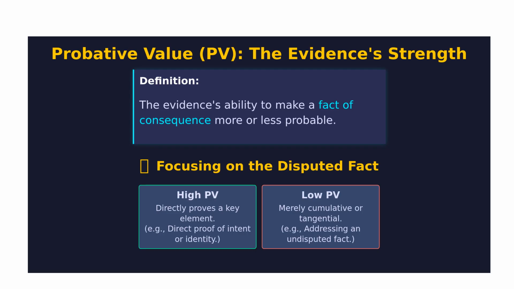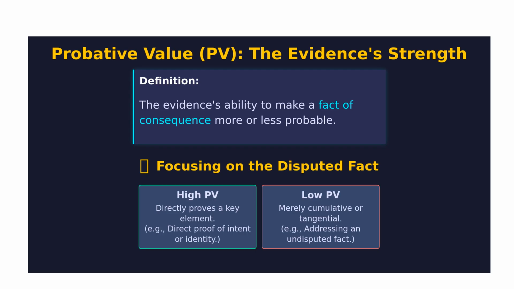Probative value is defined as the evidence's actual ability to make a fact of consequence more or less probable in determining the action. A fact of consequence is an essential element of the claim or defense. Evidence possessing high probative value directly proves or disproves a key disputed issue. Think of direct testimony establishing intent or an undisputed physical link to the crime.